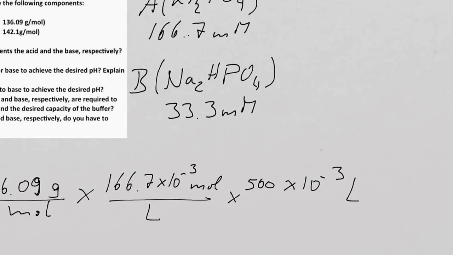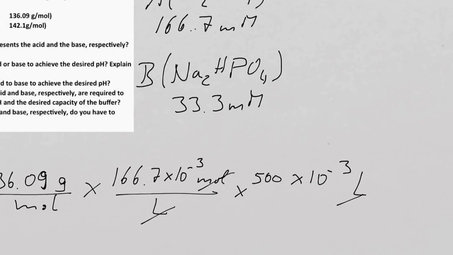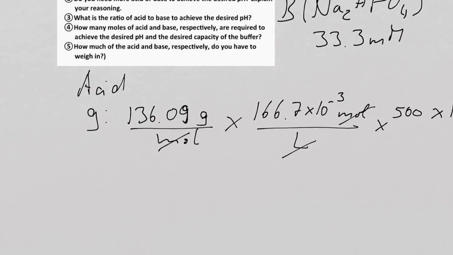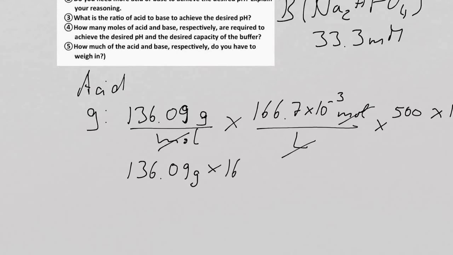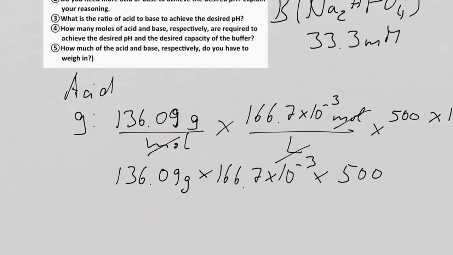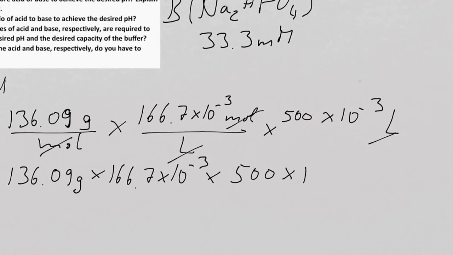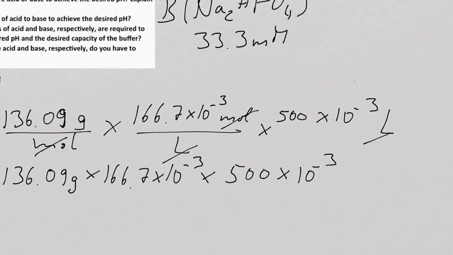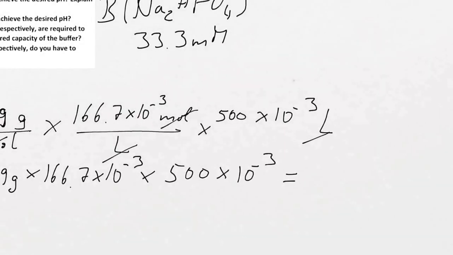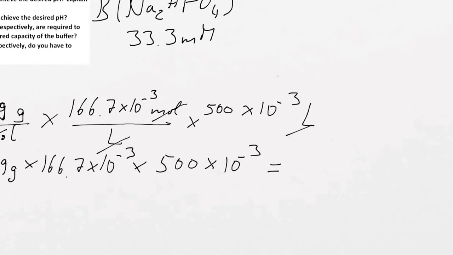That's our 500 milliliters. So liters cancel out, moles cancel out, and what we have left is 136.09 grams times 166.7 times 10 to the minus 3 times 500 times 10 to the minus 3, and when we do this calculation, this gives us 11.59 grams.